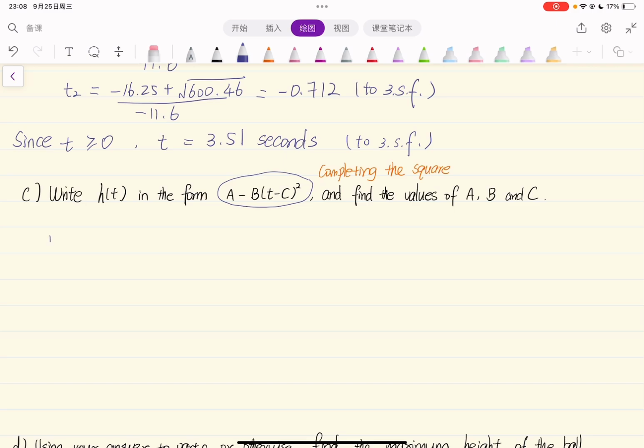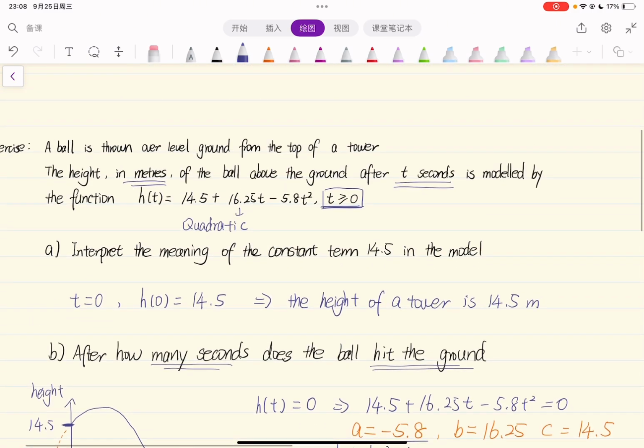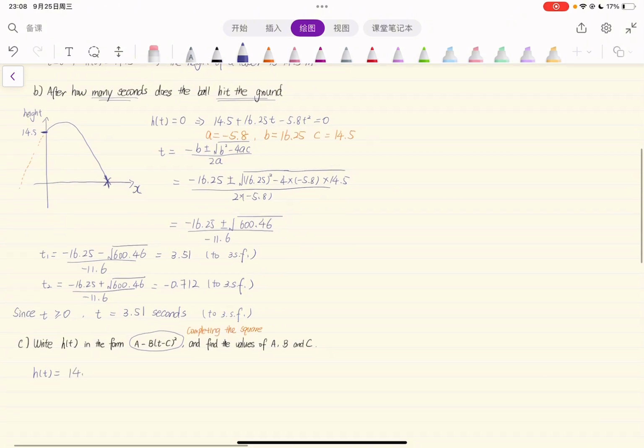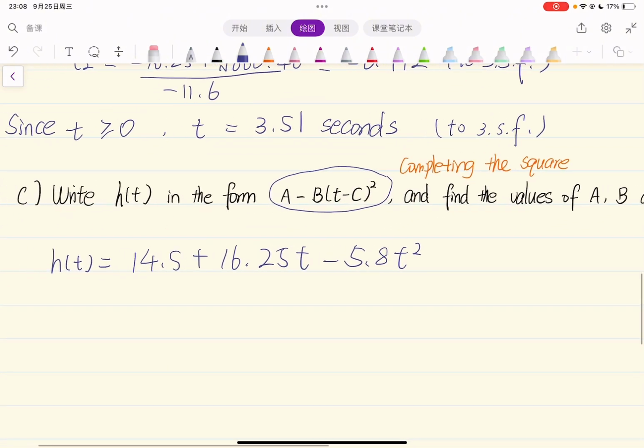We have h(t) equals 14.5 plus 16.25t minus 5.8t squared. Yeah, we don't write it wrong. And we do the completing the square.